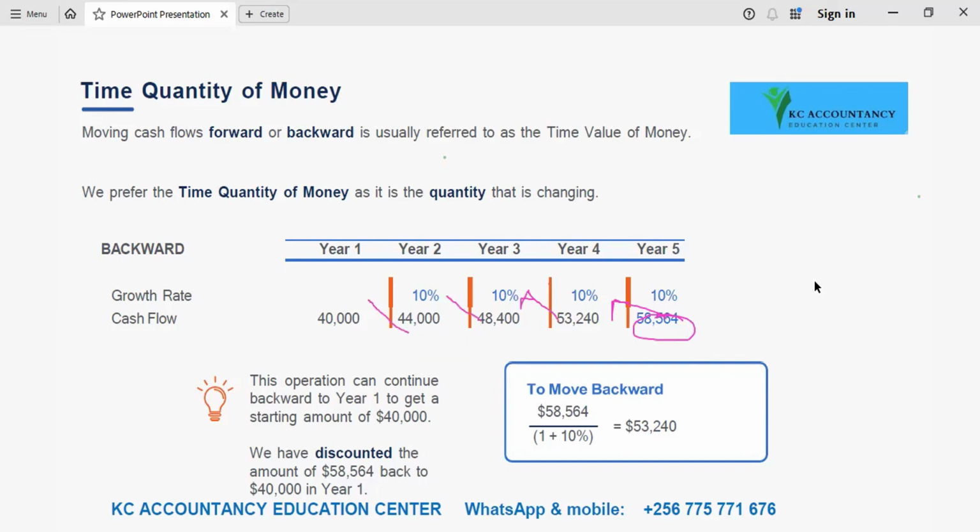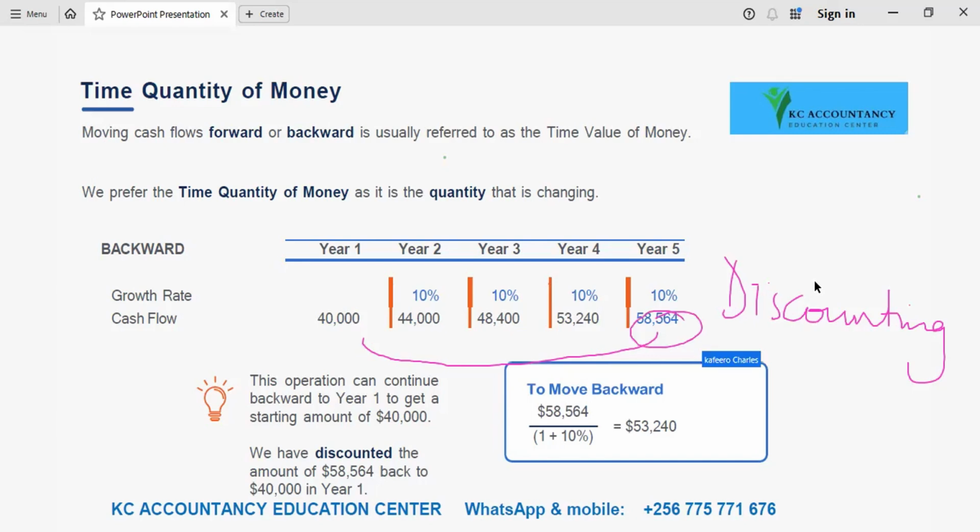So we are moving backwards from year 5 up to year 1, and that process is what we call discounting.